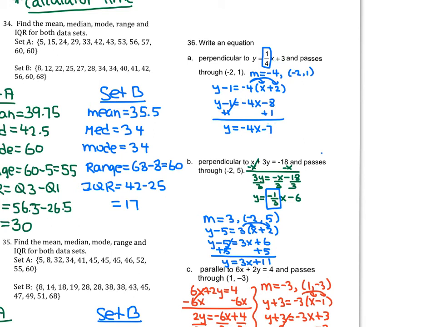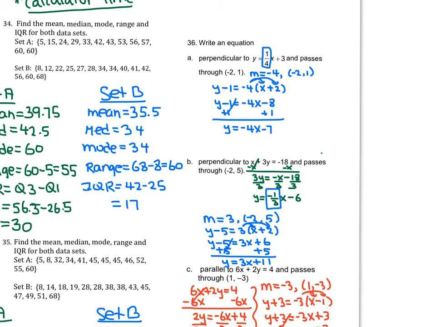On B, in order to start this problem, we first need to solve for y. So that means the x needs to move to the other side. These cannot be added together because they're different. So I have negative x minus 18. I divide everything by 3. I end up with this equation, negative 1/3 x minus 6, because 18 divided by 3 is 6. I now have a slope, but I need to do the reciprocal, and I need to change the sign.